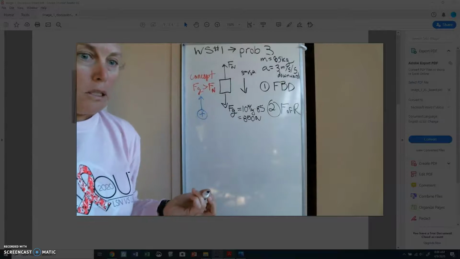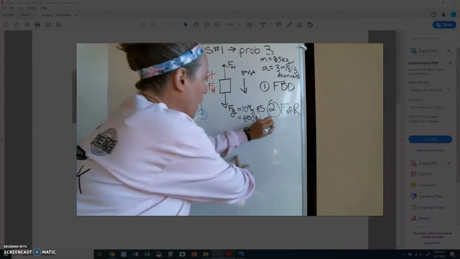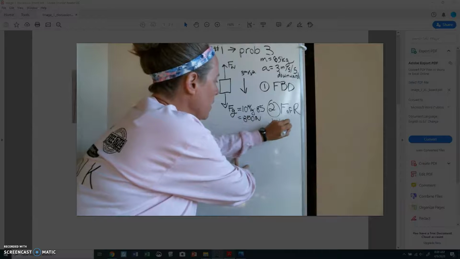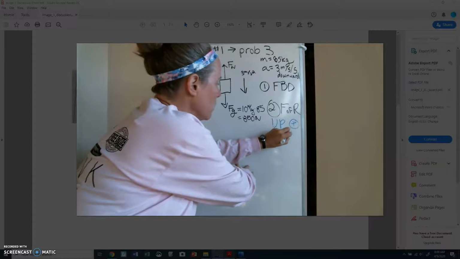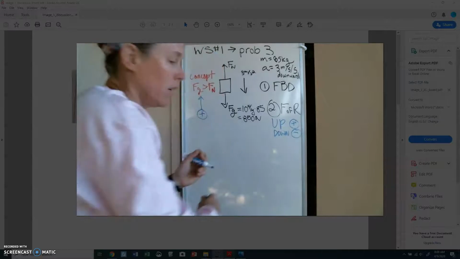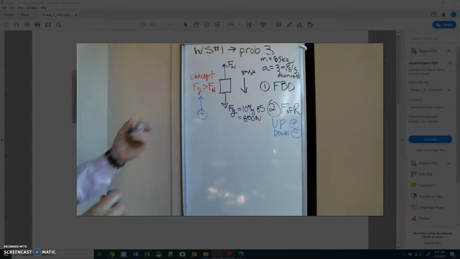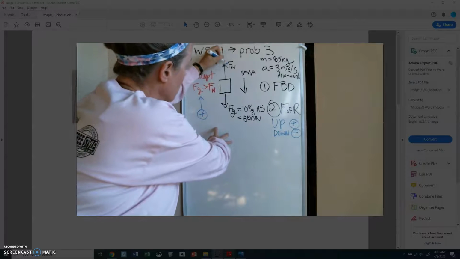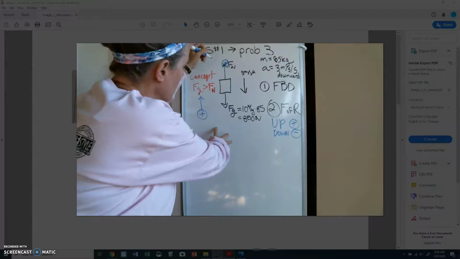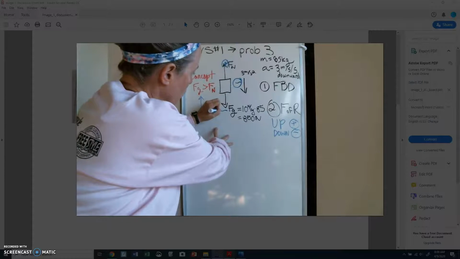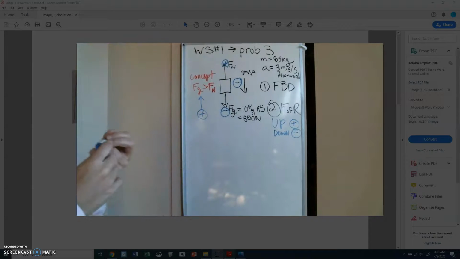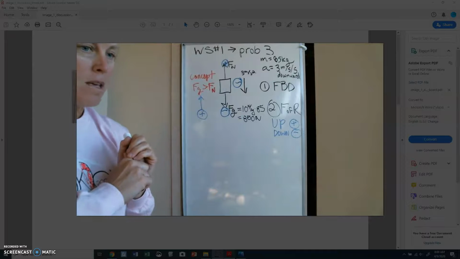So up is positive, down would be negative, okay? So what's that do? That means force normal is positive, acceleration is negative, and force gravity is negative, okay?